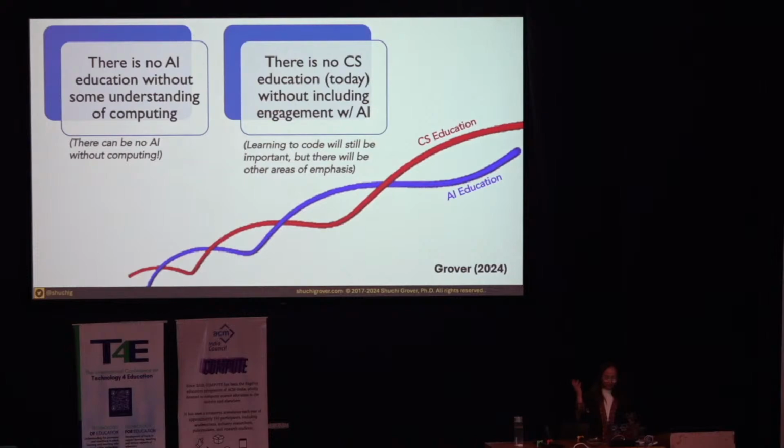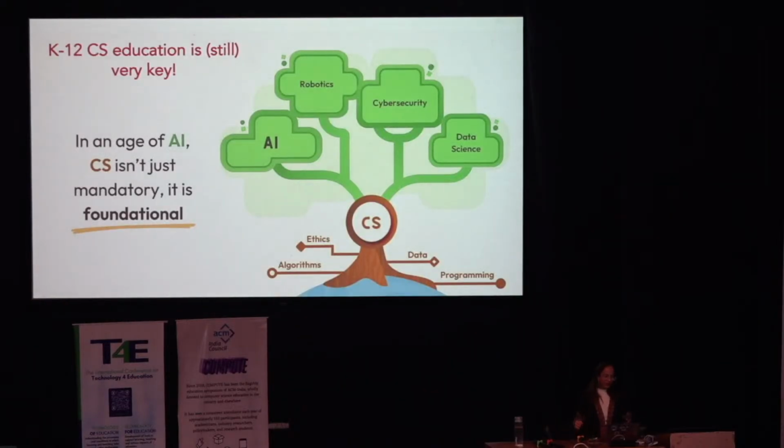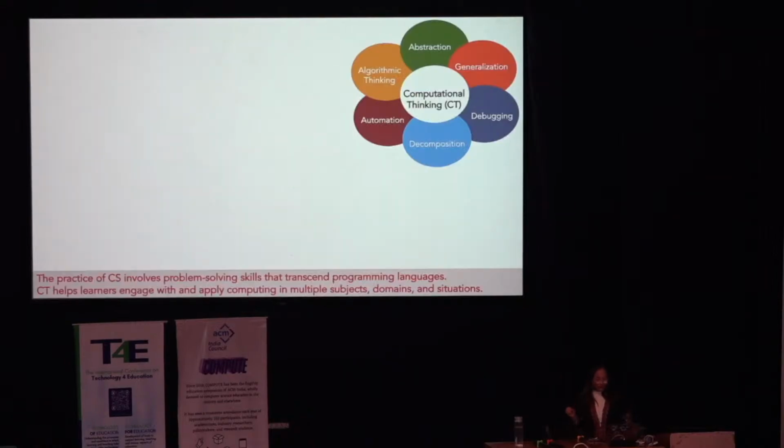The machine learning model is totally different. And so AI and CS education should be seen as intertwined. So if there are ongoing CS education efforts, make sure you dovetail your AI ed efforts with them. And so in the age of AI, CS isn't just mandatory, it's foundational, as is computational thinking.